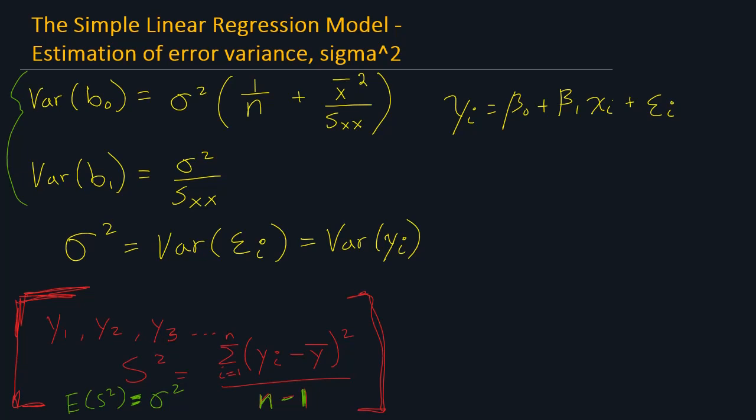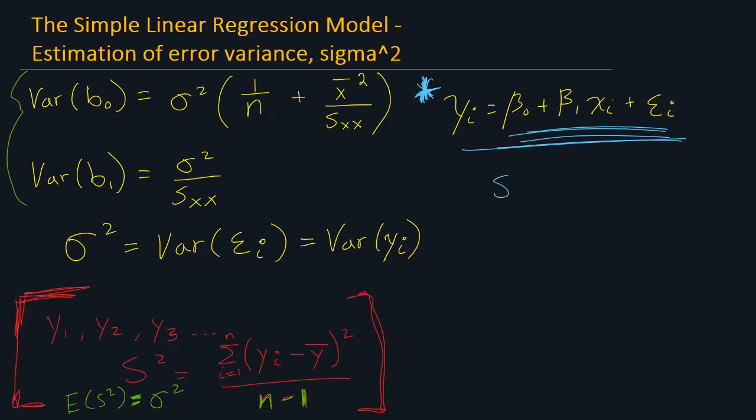But now, we don't just have data on one variable. We have two variables, and we are assuming that this model is correct. That's a very important assumption right now. Assuming this model is correct, my unbiased estimator for sigma squared is different now.